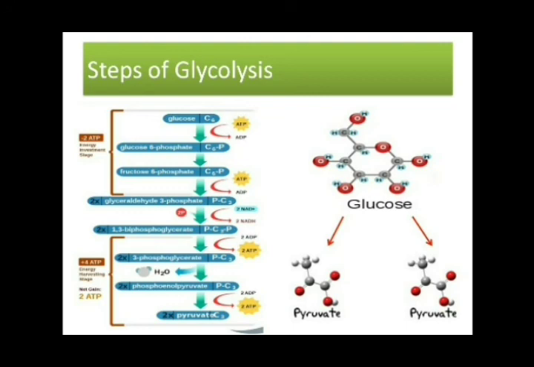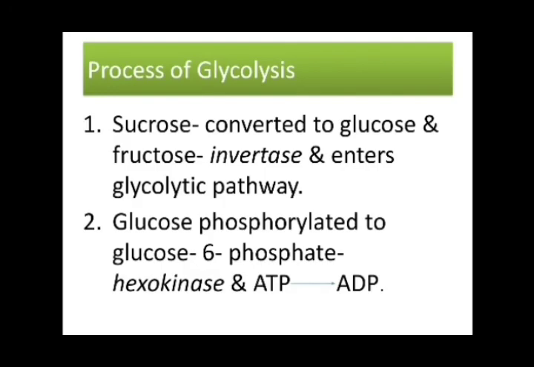So you must remember that each glucose gives 2 pyruvate molecules through the process of glycolysis. So let's discuss one by one the whole process of glycolysis in detail.